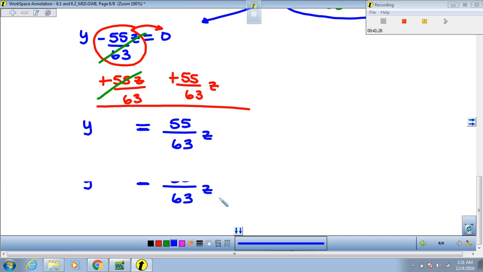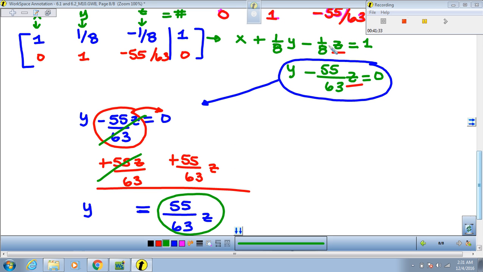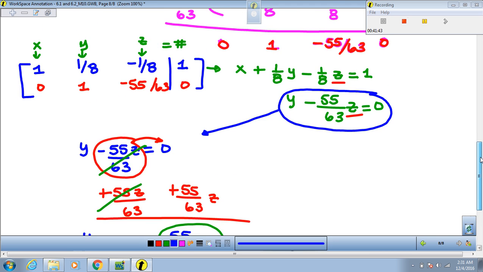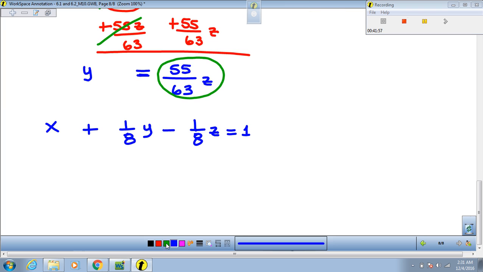So from here, I'm going to use this to replace where? Into the first equation, the longer one, the one that has the 3 variables. So into x plus 1 over 8 y minus 1 over 8 z equals 1. We're going to put it in here, into the y.